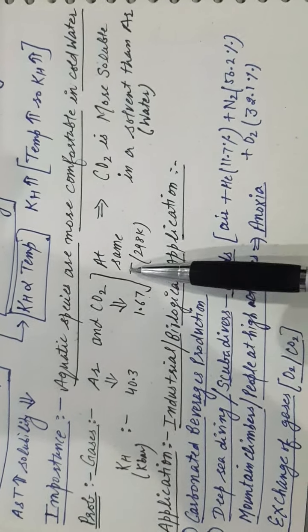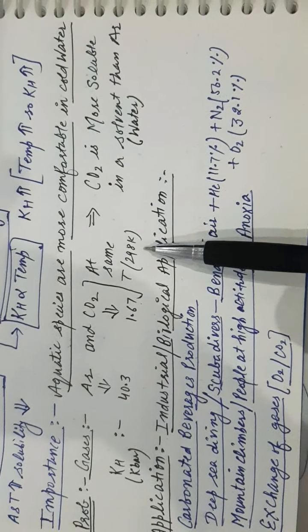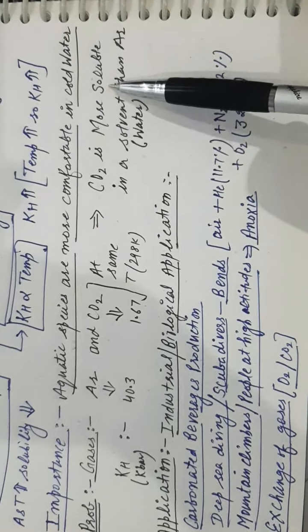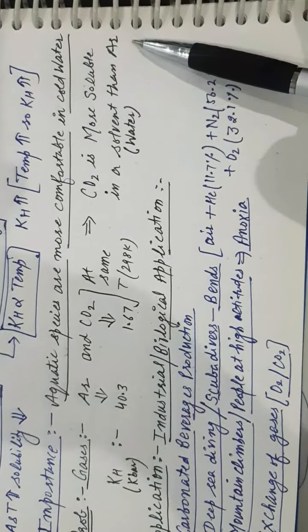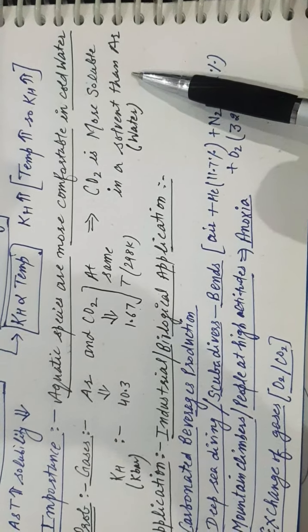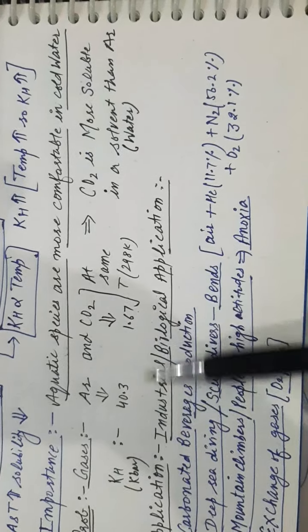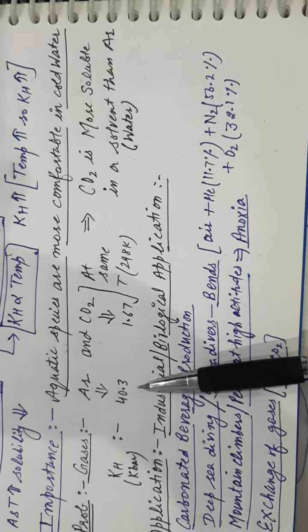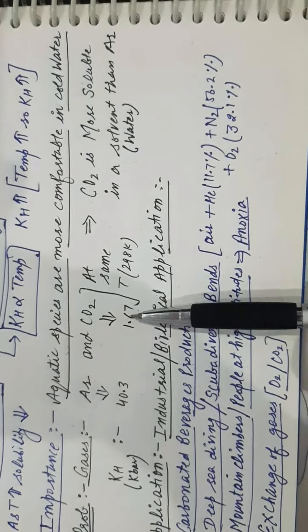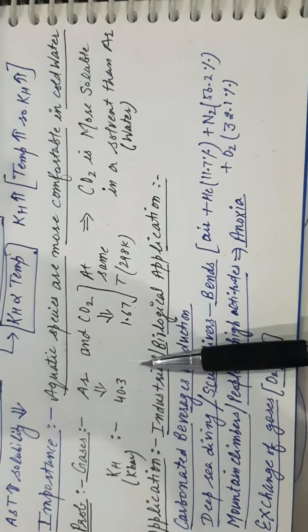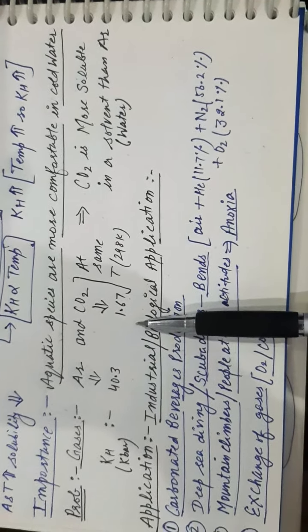These values are at the same temperature, that is 298 Kelvin. So in this case CO2 is more soluble in the solvent than argon. Why is it so? On the basis of Kh value. The more the Kh value, the less the solubility. So by seeing the Kh value, we can find out the solubility order of different gases.